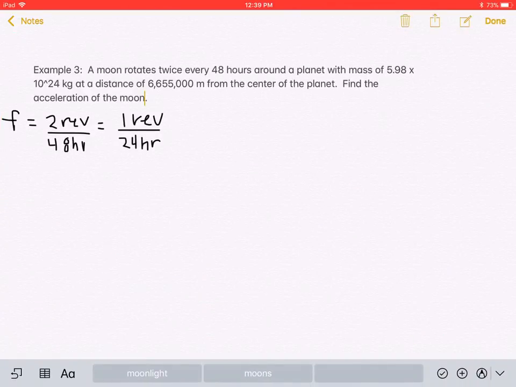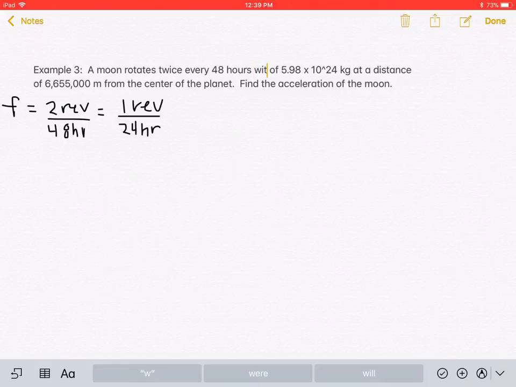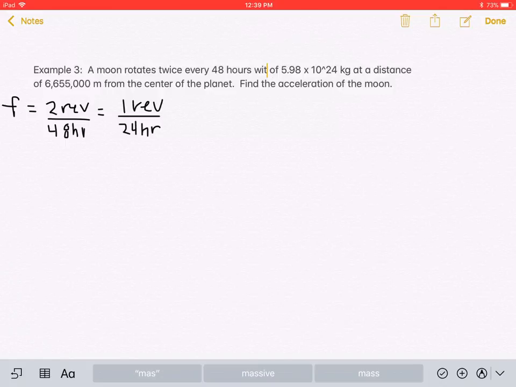So the moon rotates twice every 48 hours around a planet.